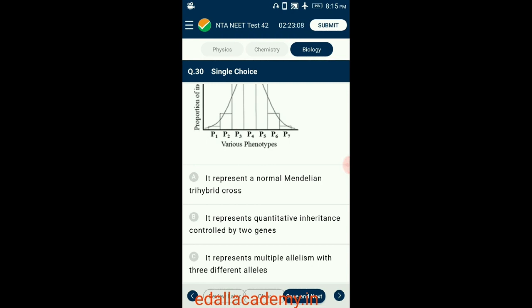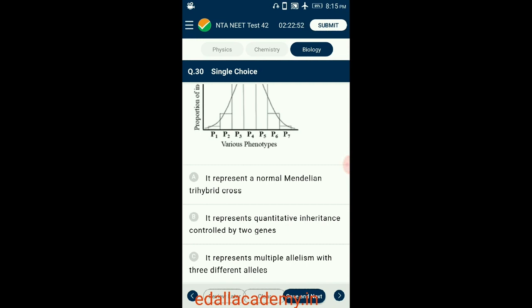This is seen in polygenic inheritance or quantitative inheritance, which shows continuous variation since it has 7 phenotypes. This character is controlled by 3 genes. Example, human skin color.